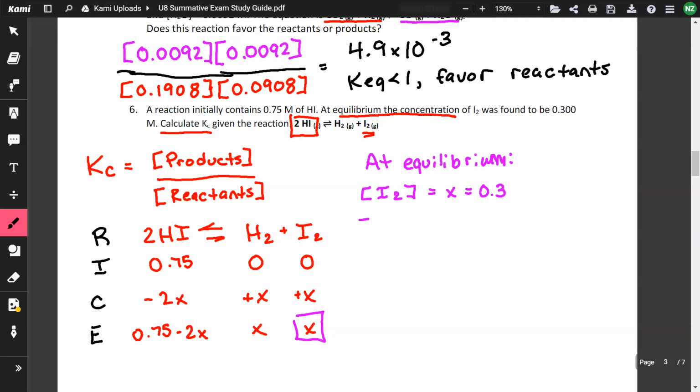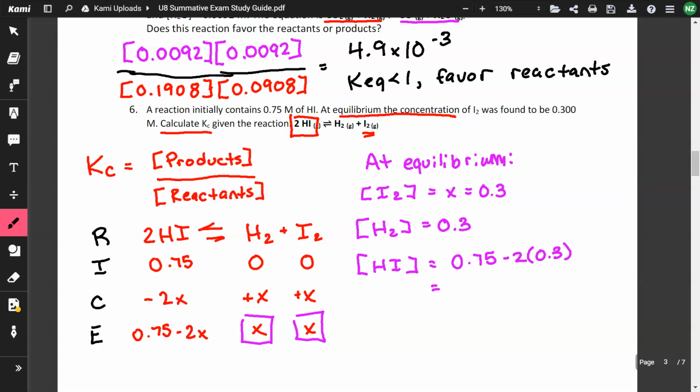So that would mean that H2, which is also just x, is going to be equal to 0.3. And HI, we have to do a little bit of work here. 0.75 minus 2 times 0.3. Do the math here, you get 0.15. These are all concentrations, so our units will be molarity.